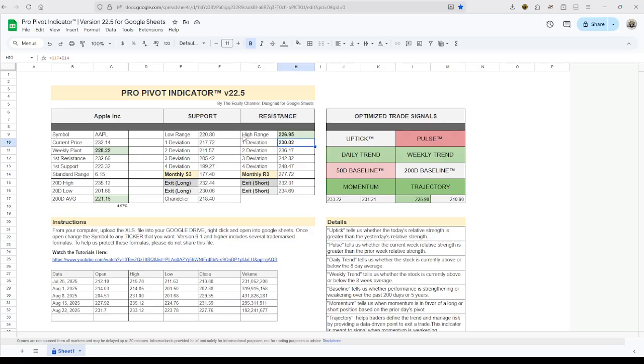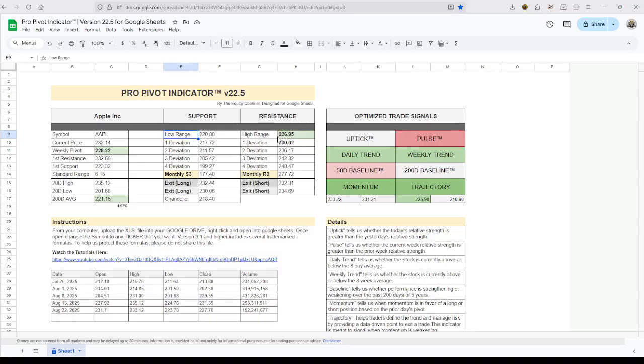What you really want to be doing is catching a stock that is just getting above the high range. The high range and the low range form a 1 standard deviation box around the 20-period moving average. So a half a standard deviation on the high range, a half a standard deviation on the low range, and inside that box you are consolidating.